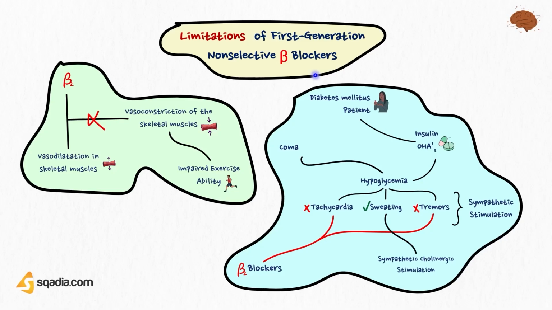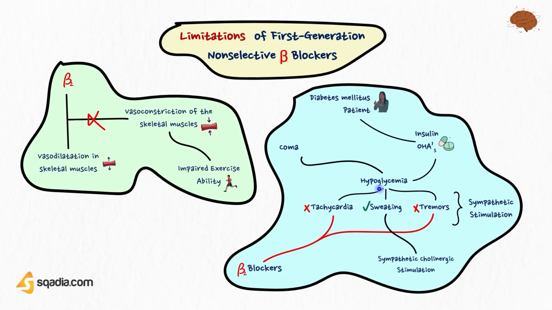The second limitation is in the diabetes mellitus patient. If a diabetes mellitus patient is on insulin and oral hypoglycemic agents, these sometimes cause hypoglycemia, which is a decrease in the blood glucose level. Hypoglycemia symptoms in general include tachycardia, sweating, and tremors, as it is sympathetic stimulation.